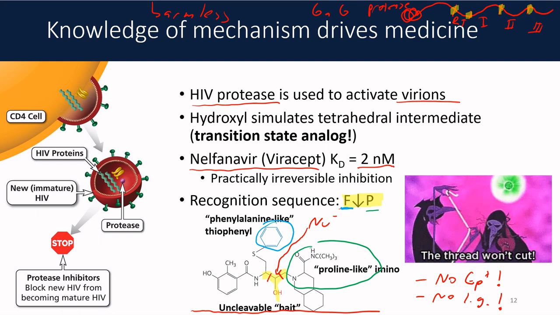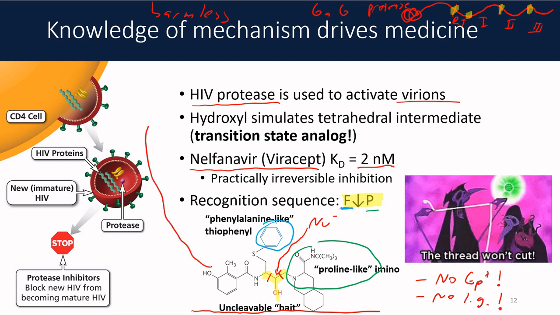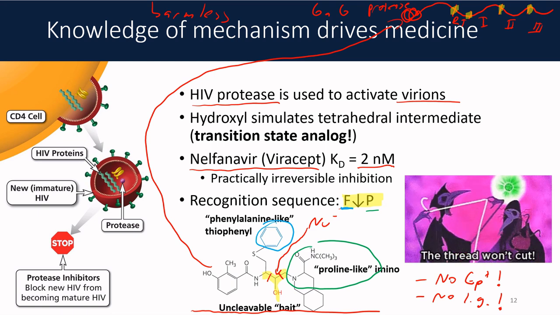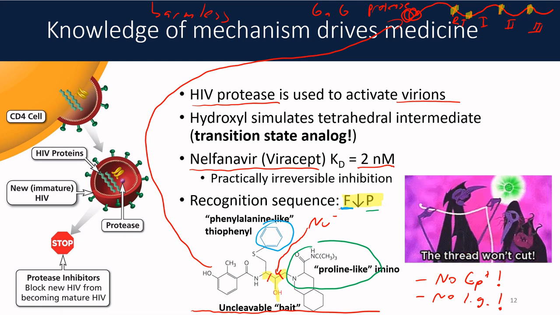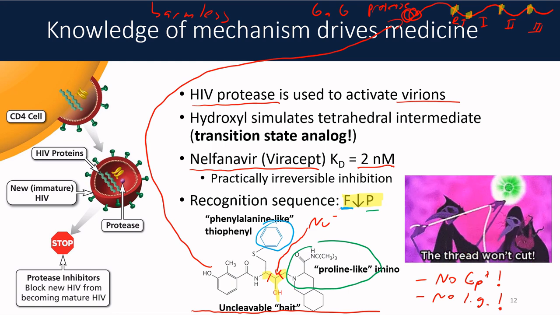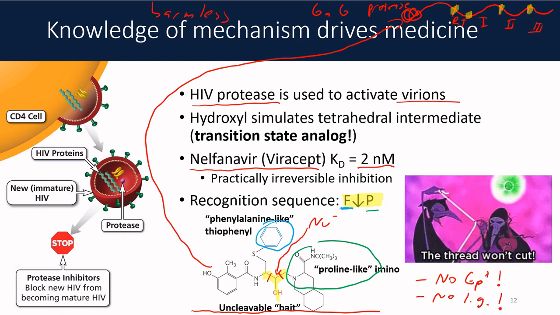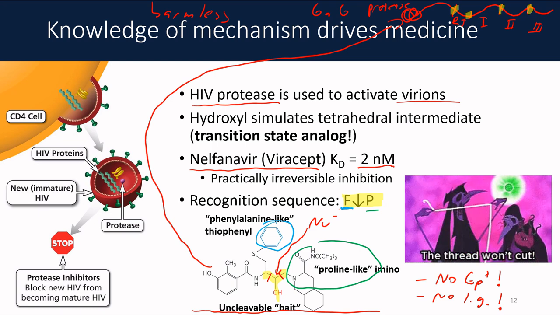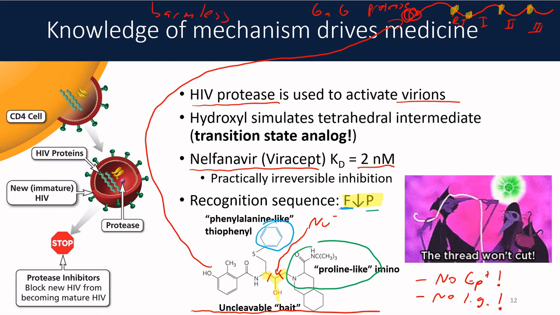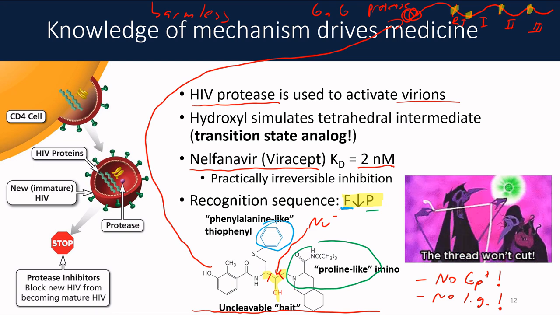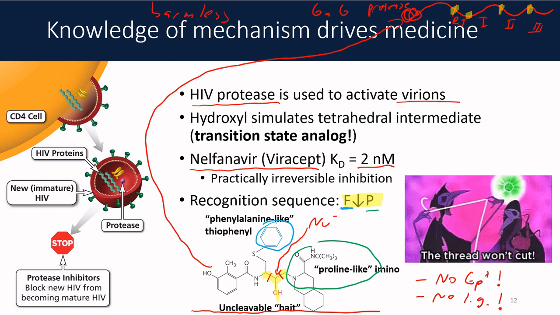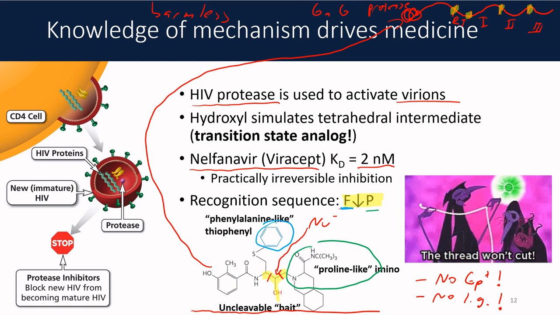So Viracept is going to insert itself into the active site of the protease. It's never going to leave because it's a better fit than the own recognition sequences present in this group-specific antigen, and it can't be broken.